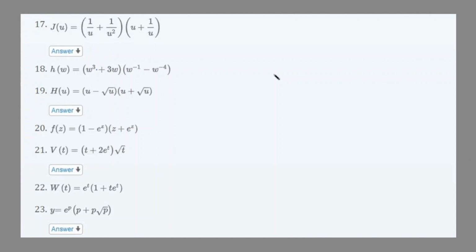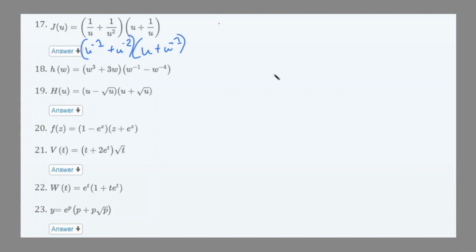So we're seeing a lot of fractions and stuff here. So with the fractions and the radicals, we're going to rewrite the question so that we can find that answer a lot easier. So if we rewrite function j of u, we get u to the negative 1 power plus u to the negative second power times u plus u to the negative first power.